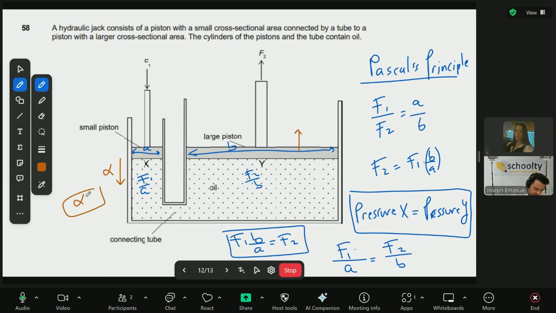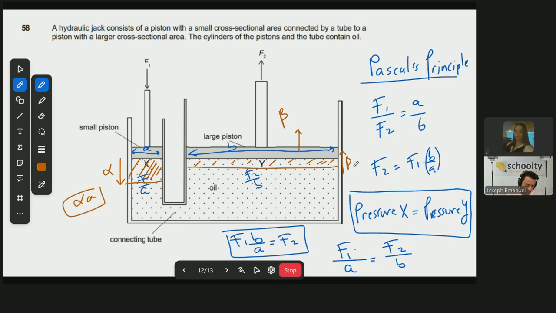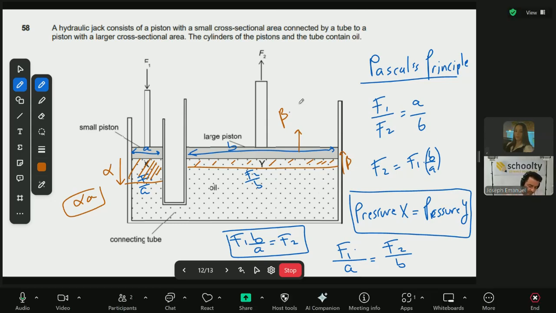So alpha times a is the volume of how much oil you pushed down. And you can see here the volume has less height. So beta, this height, because the goal is to lift the car up to some height. So beta multiplied by b should equal alpha multiplied by a.